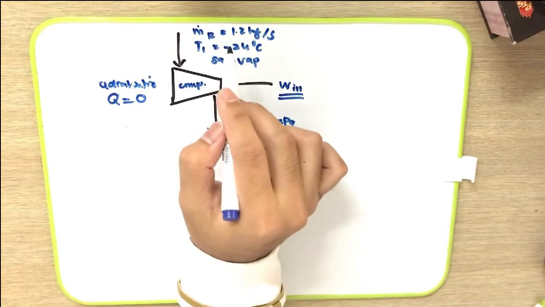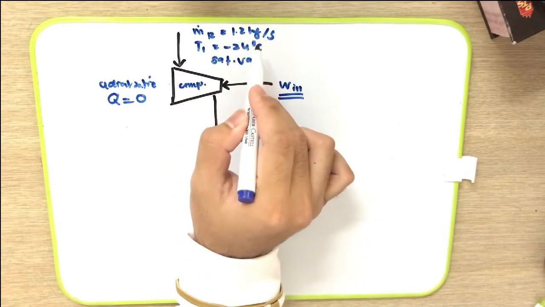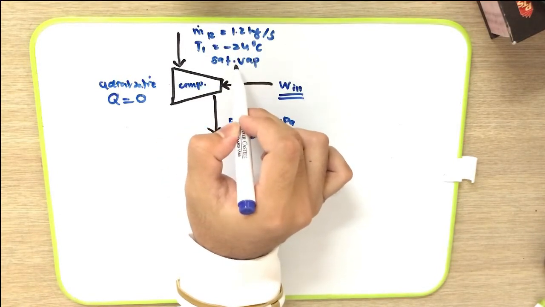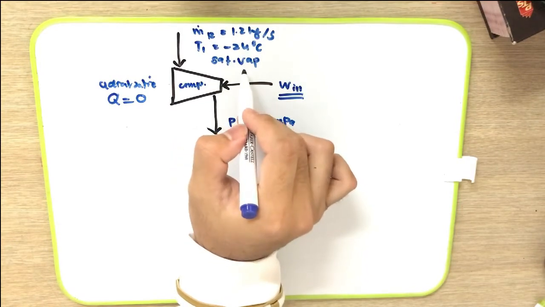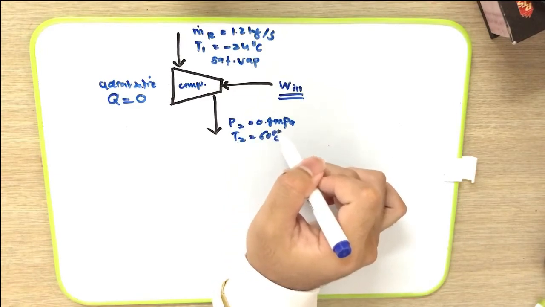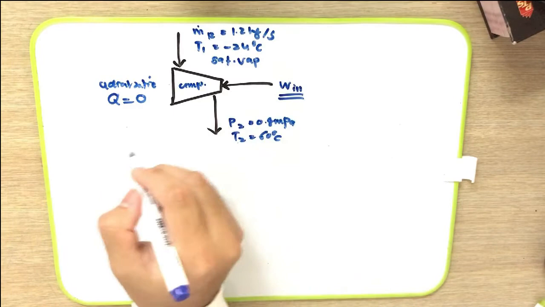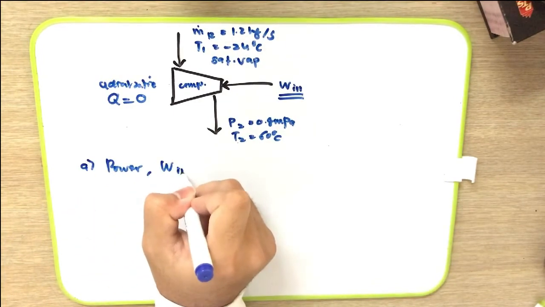Refrigerant enters this compressor at 1.2 kg per second. Temperature is negative 24 degrees C, and the phase of the refrigerant entering this compressor is saturated vapor. The refrigerant leaves the compressor at pressure 0.8 megapascal and temperature 60 degrees C. So for A, we need to find the power, which is actually the W in.